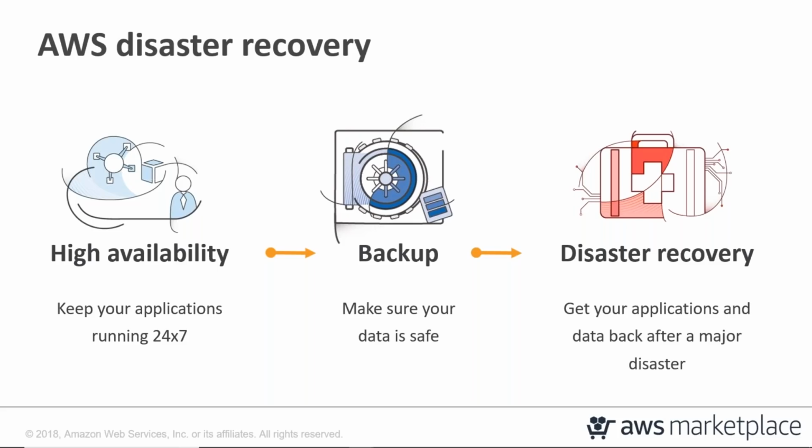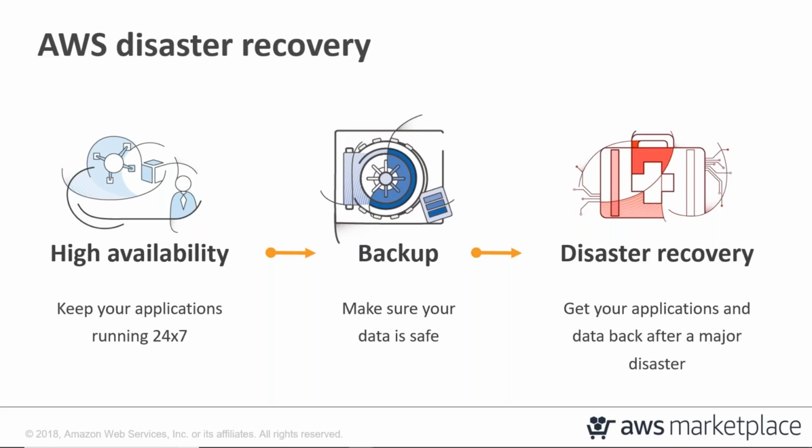Then you go to backup, which is essentially a protection for the data. High availability protects the application's availability, backup protects the data's availability. And then you go to disaster recovery, which allows you to recover your applications and bring your business back to a working state in the case that your primary site, or the primary location where you're running your application, is no longer available due to some type of disaster.